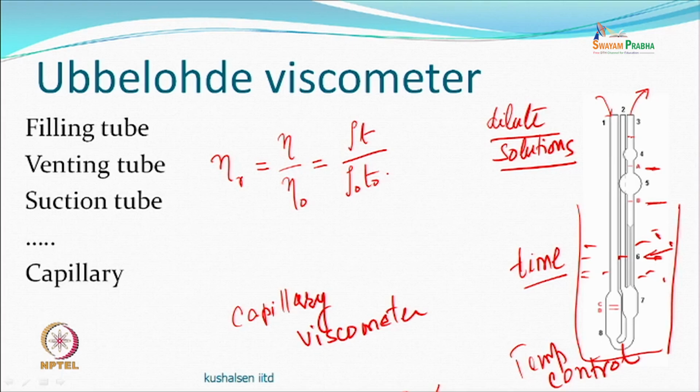T naught and rho naught are for the solvent, and rho and T are the density and time required for the solution. If it becomes more and more dilute, then the density of the solution and the solvent may become the same. What it means is that this can be almost equivalent to the ratio of the time taken.